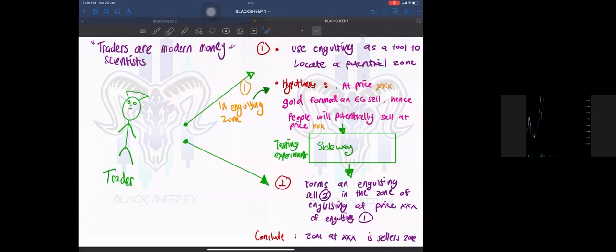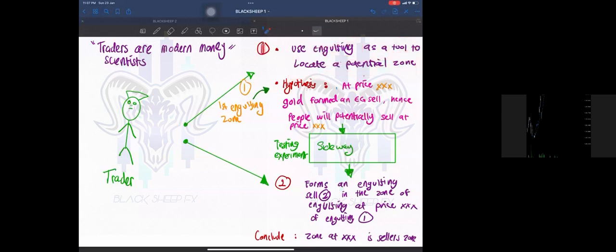You have to treat yourself as a scientist every day when you get into the market. When the market opens, you are not a gambler, you are a scientist. And as a scientist, we need to know what we want to do. So now we are scientists in the realm of locating engulfing potential zones. We will use engulfing as a tool to locate a potential zone.